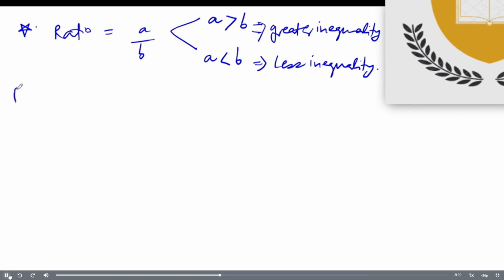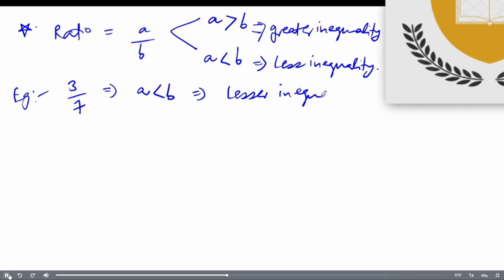For example, we have 3 by 7. Here 3 is less than 7, so A is less than B, and this is called the lesser inequality.